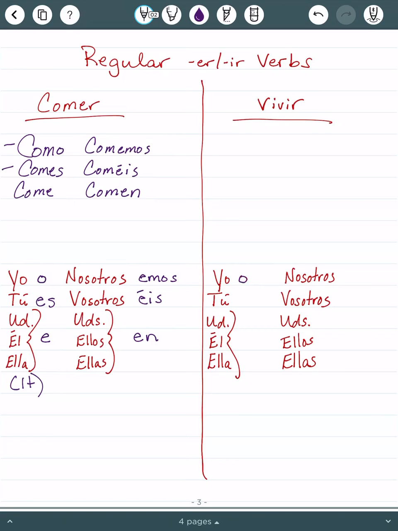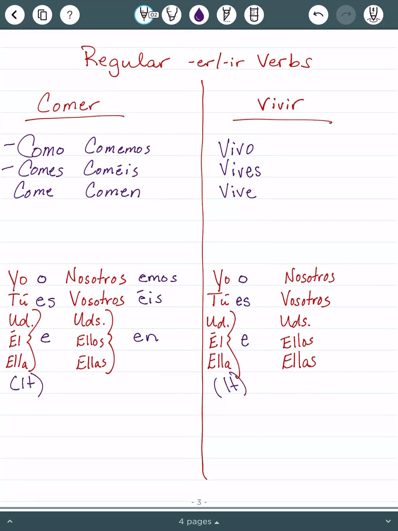If I want to say I am living in Tennessee, take off the IR just like I do for ARs and ERs, put an O on the end, and it's vivo. If I want to say you are living in Tennessee, you is going to still be ES. So it's actually the same as ER verbs. So you are living, vives. If I want to say he or she lives, it is still going to be an E. So vive.